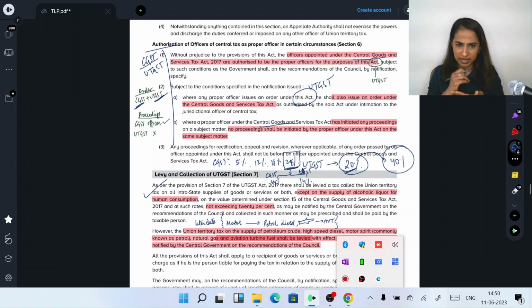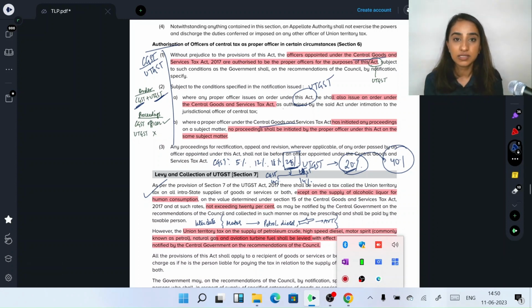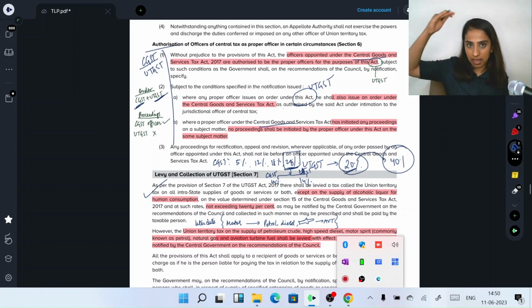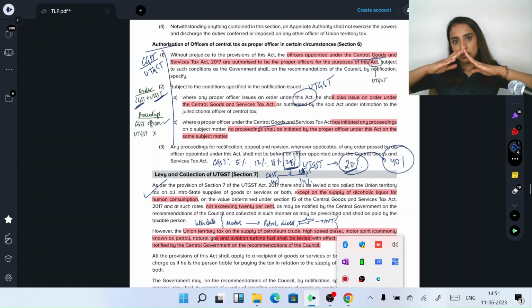Right now, as of today, the maximum rate is 14%. So they're saying at any time the government cannot increase it to beyond 20%. So that is the cap. Right now it is at 14%. Okay, cap is 20%. So the overall GST rate cannot exceed 40%. Understood? Right now the overall GST rate is maximum capped at 28%. Anytime the government decides to increase the rates, it cannot increase beyond 40%. So that 40% will have two taxes, right? CGST and UTGST, or CGST and SGST.